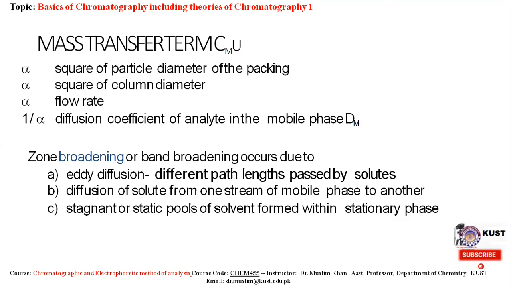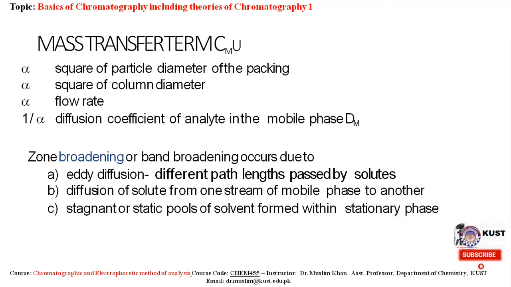Eddy diffusion is the phenomenon of migration due to the multitude, many pathways, through which the solute particles elute along with the mobile phase. The lengths of these pathways through the column are different. So the residence time of the solute on the column for the different pathways is different.